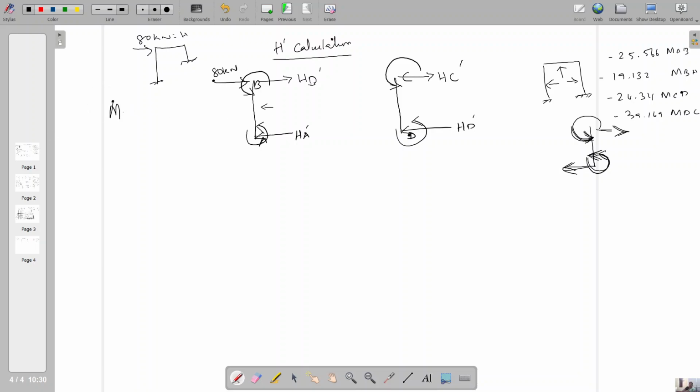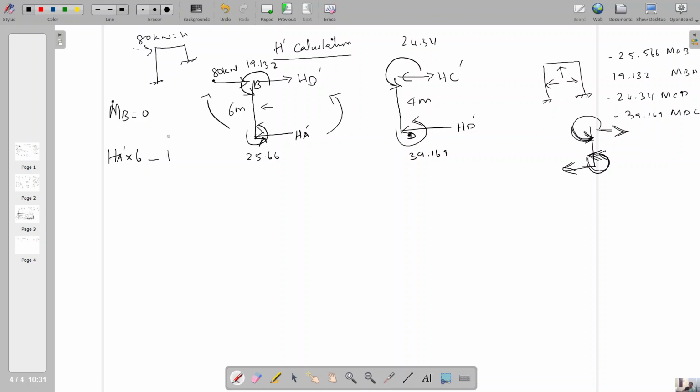Taking moment about B equal to 0 to find HA dash, with a length of 6 meter. Here it is 4 meter. So HA dash into 6 is rotating about B in this direction, and the moments MAB as well as MBA are rotating in the opposite direction. So minus, the value of the moment is 25.66, here it is 19.132. Here MCD is 24.34, MDC is 39.169.